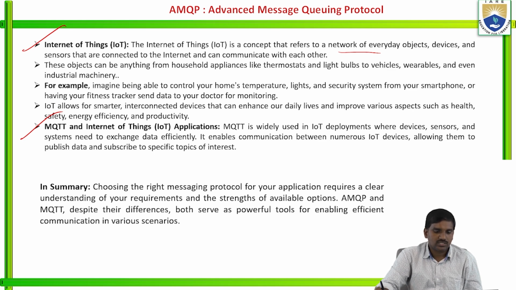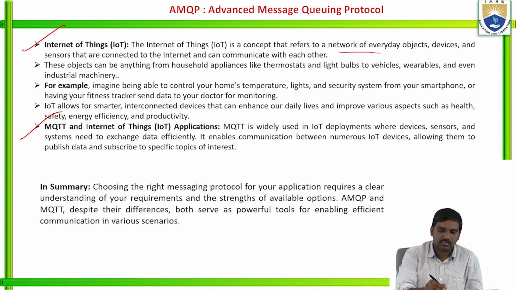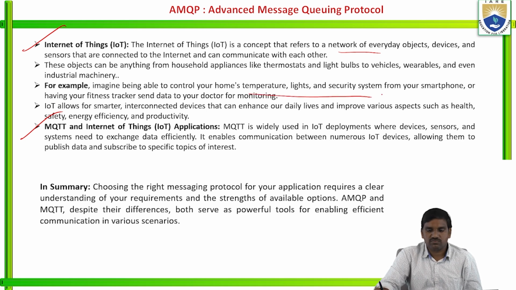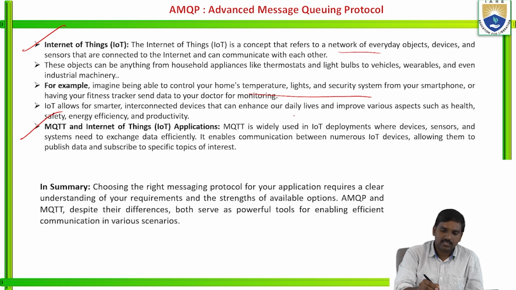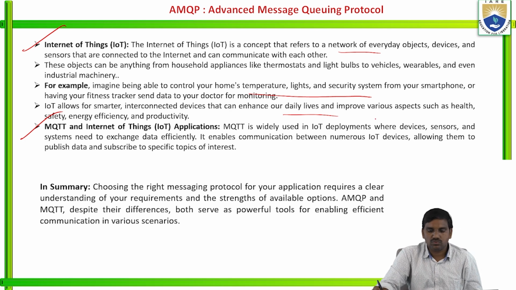For example, imagine being able to control your home's temperature, lights, and security system from your smartphone, or having a fitness tracker send data to your doctor for monitoring. So IoT allows for smarter interconnected devices that can enhance our daily lives and improve various aspects such as health, safety, energy efficiency, and productivity.